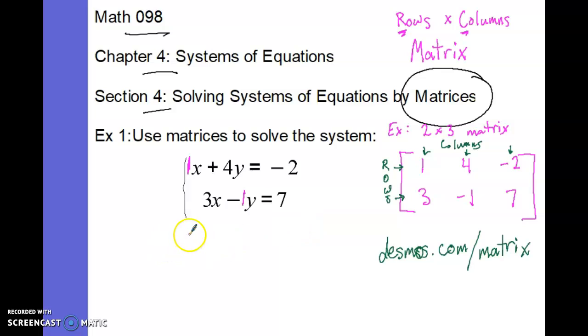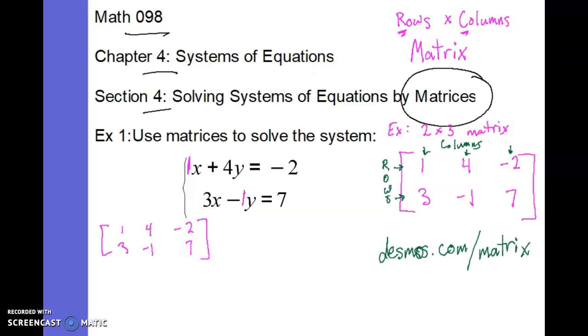So the premise of this is, this is actually called an augmented matrix. You don't need to know what it's called. But what you can do is perform what are called row operations. Let me just rewrite it for you: 1, 4, -2, 3, -1, 7.